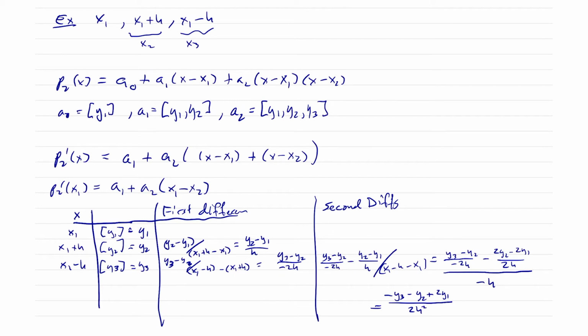And then we're dividing by minus h, so we get minus 2h squared. Whew, okay, so now let's take a look and see what this actually gives us.